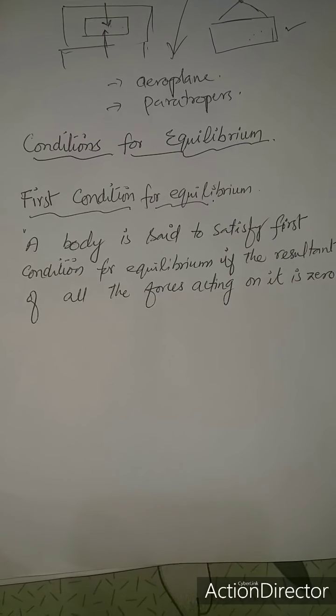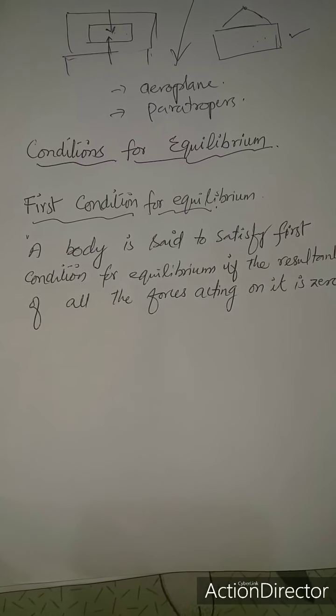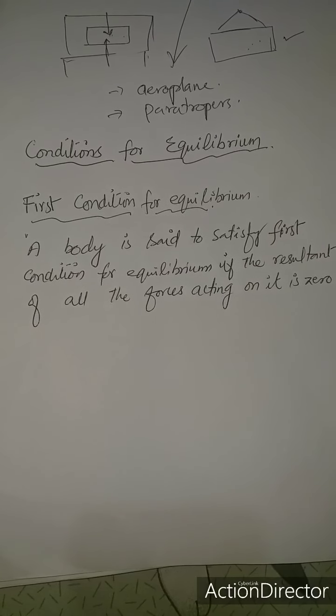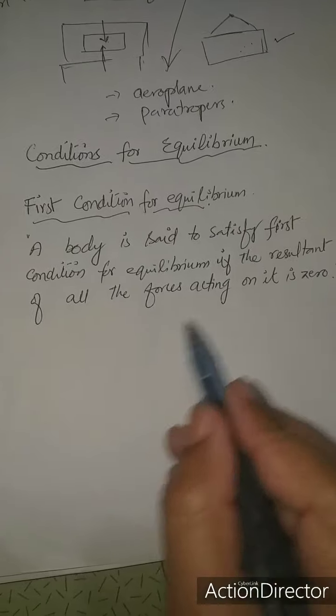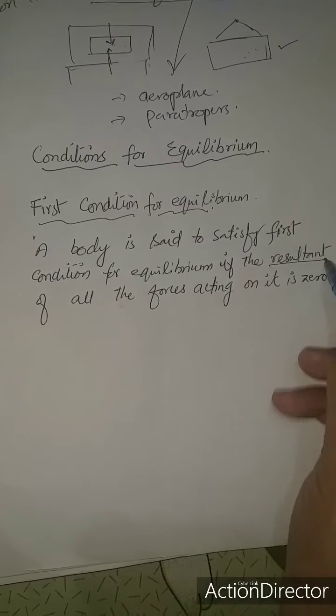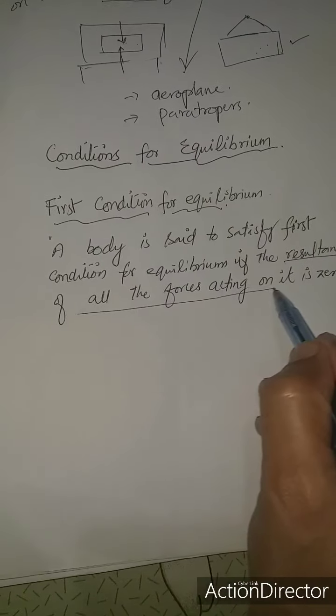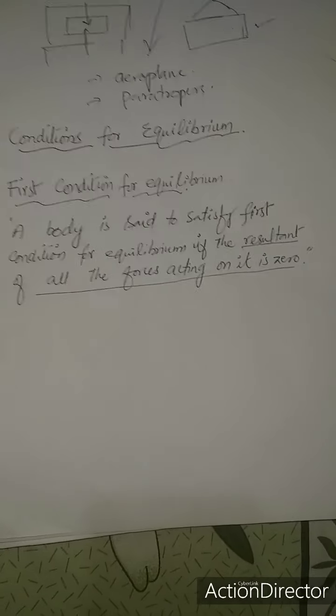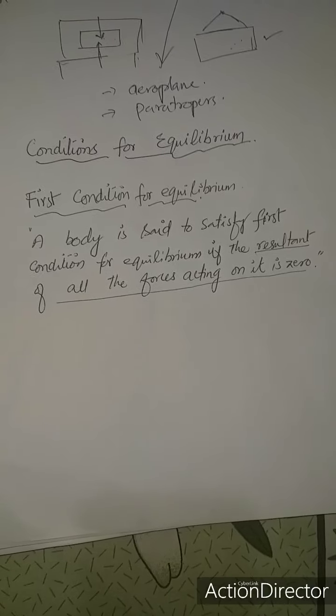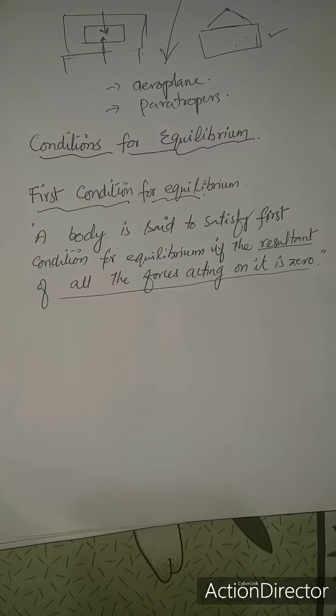According to the first condition of equilibrium, a body is said to satisfy the first condition for equilibrium if the resultant of all the forces acting on it is zero. This means that on the object there is not one force acting, there are a number of forces acting on it.